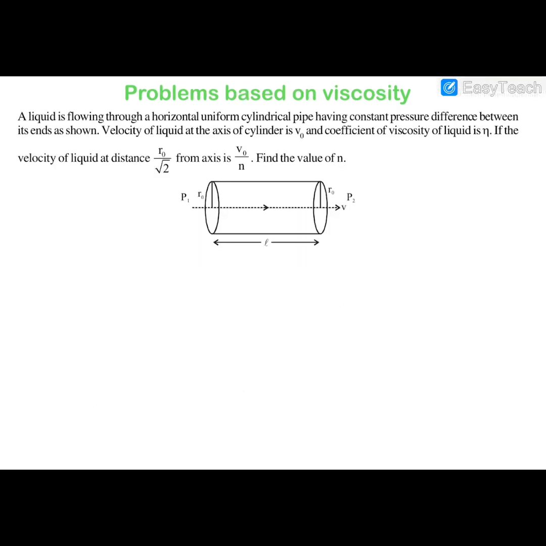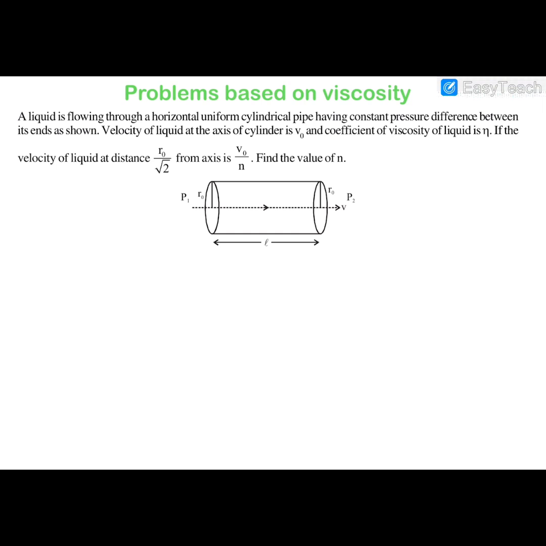In this question, you can see that there is a section of pipe of length L, and the radius of pipe is R, and a liquid is flowing through this cylindrical pipe, and the pressure at the two ends of the pipe is constant, and therefore the pressure difference is also constant.